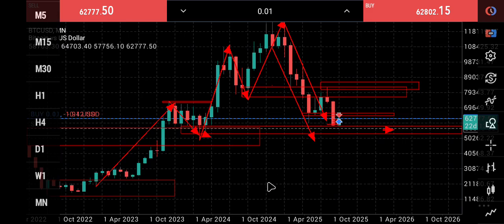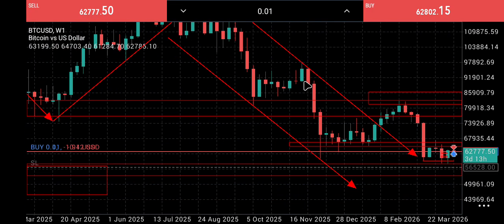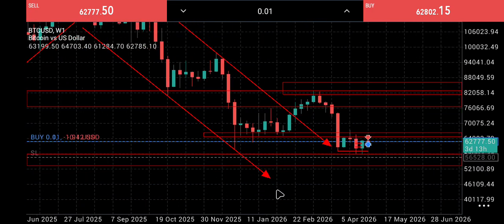What technical factors did I consider to identify an entry reason? I had to see either a double bottom or a candlestick pattern, maybe a hammer candle or an engulfing bullish candle, right?